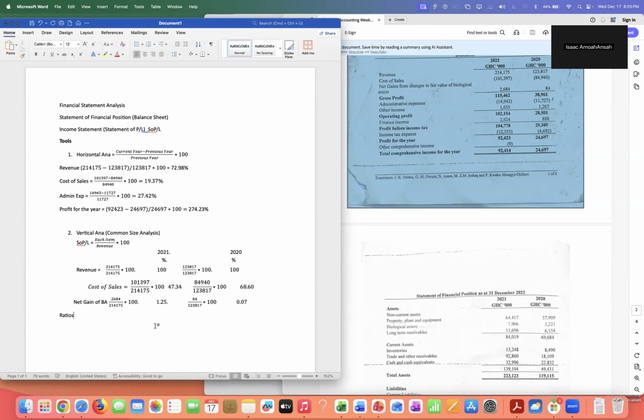Okay. So you see what we are doing? We can go on and on and do everything. Who cannot do this calculation up to profit for the year? You just pick the figure, divide with revenue, pick the figure, divide with revenue. Is it too difficult?